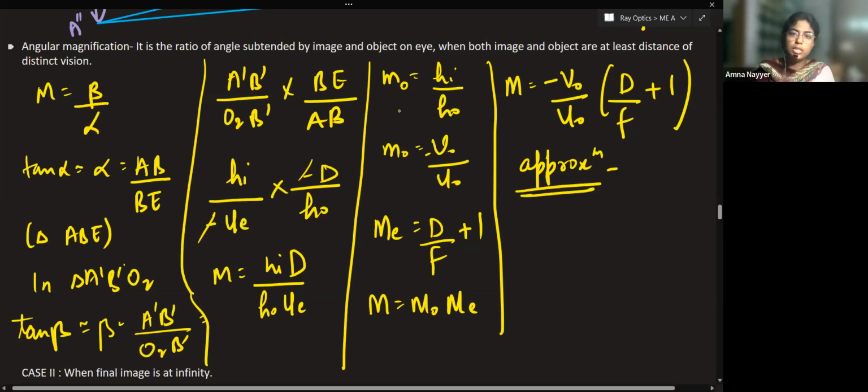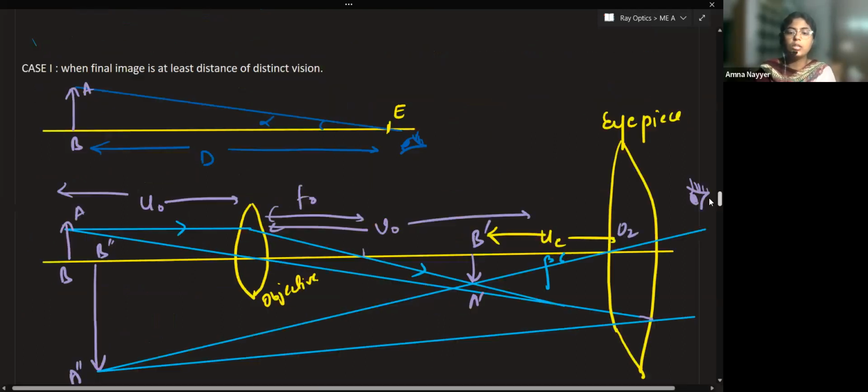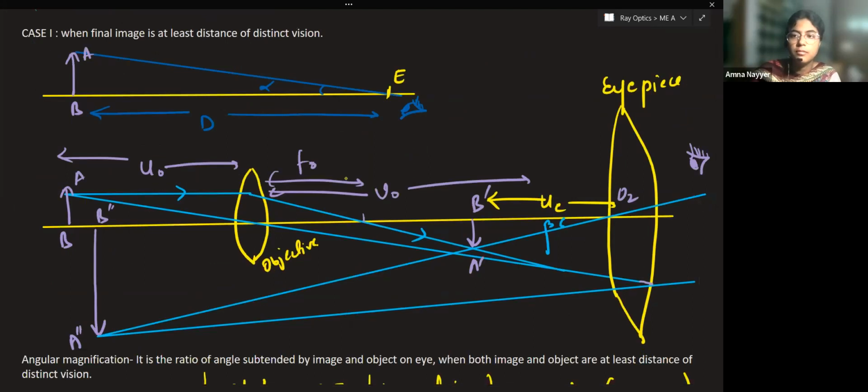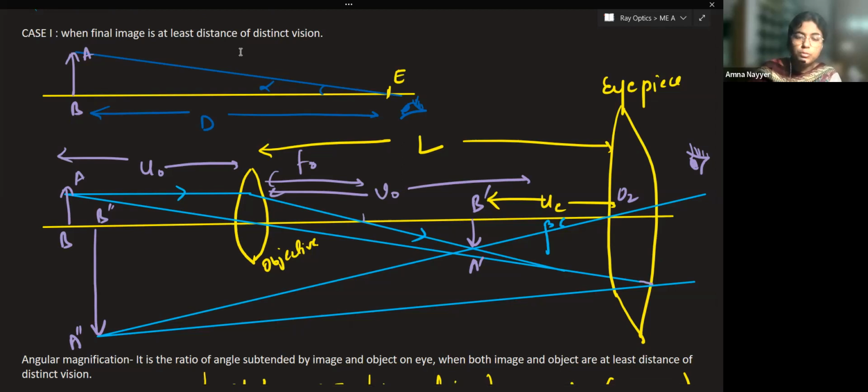Sometimes the length of tube is written, which is equal to V naught. Length of tube means this. This is the length of tube. The separation between the eye lens and the objective lens is known as the length of tube. So sometimes, instead of writing this complete, it is written as V naught only.